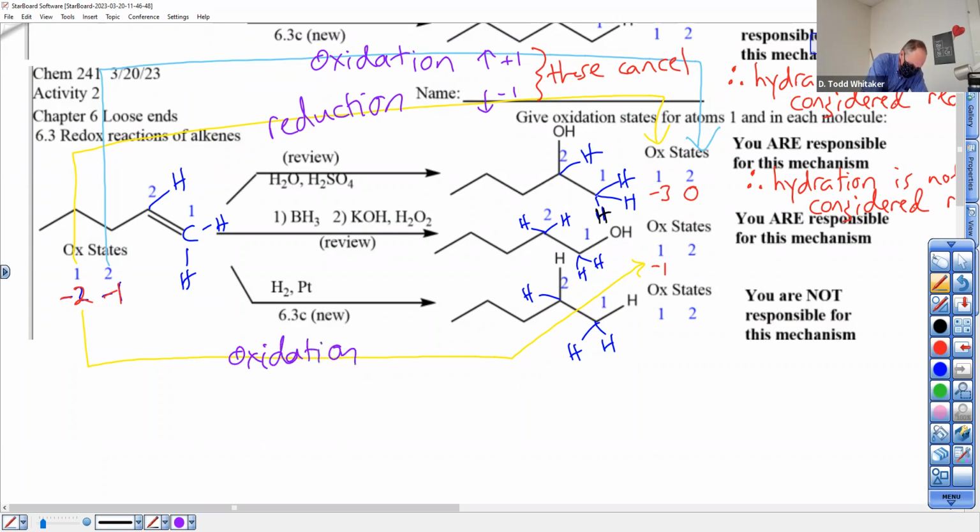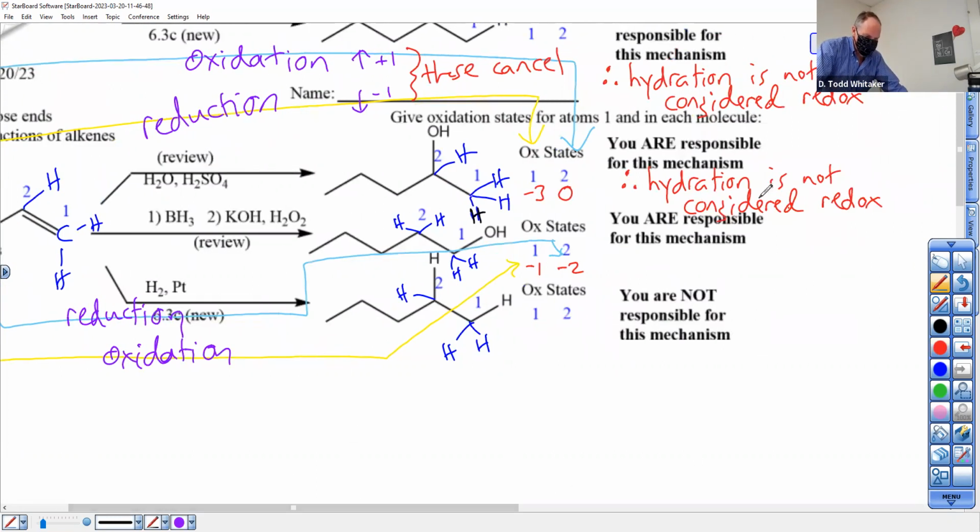And baby blue is for 2. It went from, well, 2 is -2, correct? 2 bonds to H, negative, and 0, 0 for carbon. And 2 went from -1 to -2, that's reduction. So you see why I have the same comment for the second reaction as I did on the first?